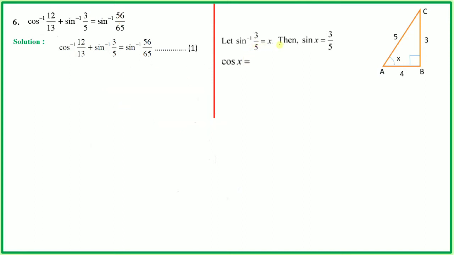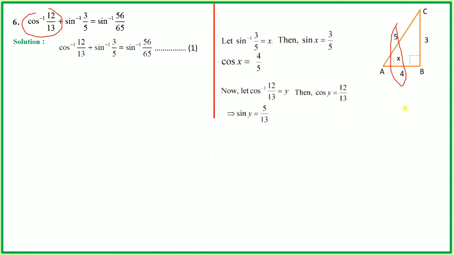So sine x we have 3 upon 5, and I'm going to find out cos x: base upon hypotenuse is equal to 4 upon 5. Then next step: let cos inverse 12 upon 13 is equal to y, then cos y is equal to 12 upon 13.